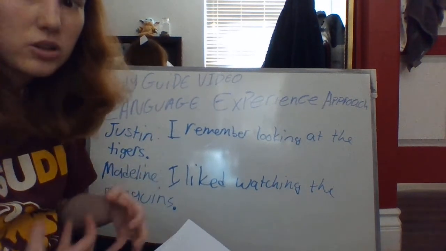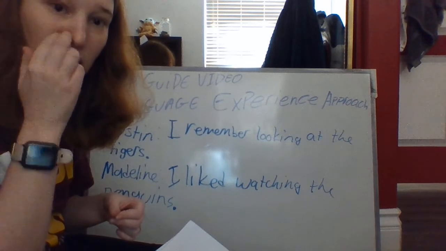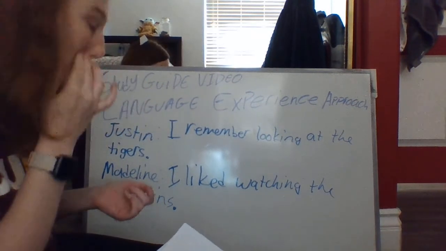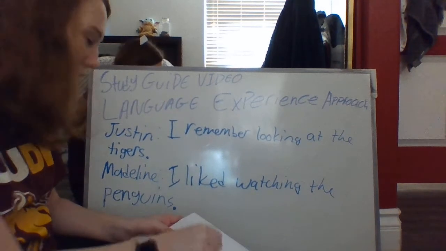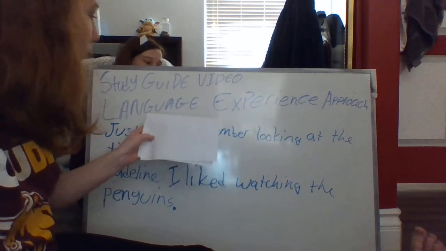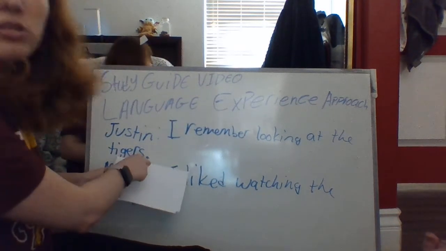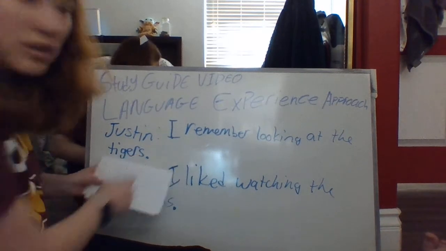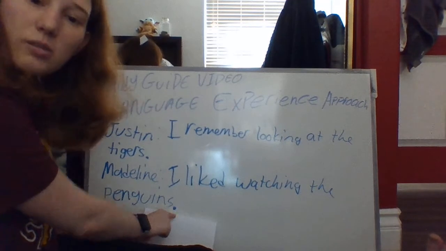Or also, again, reteaching them high frequency words. And this is also crucial, we can put a period on one of the cards and go, okay, let's find where the period goes. Oh, a period goes at the end of Justin's sentence. Can we find another period? Oh, there's a period at the end of Madeline's sentence.